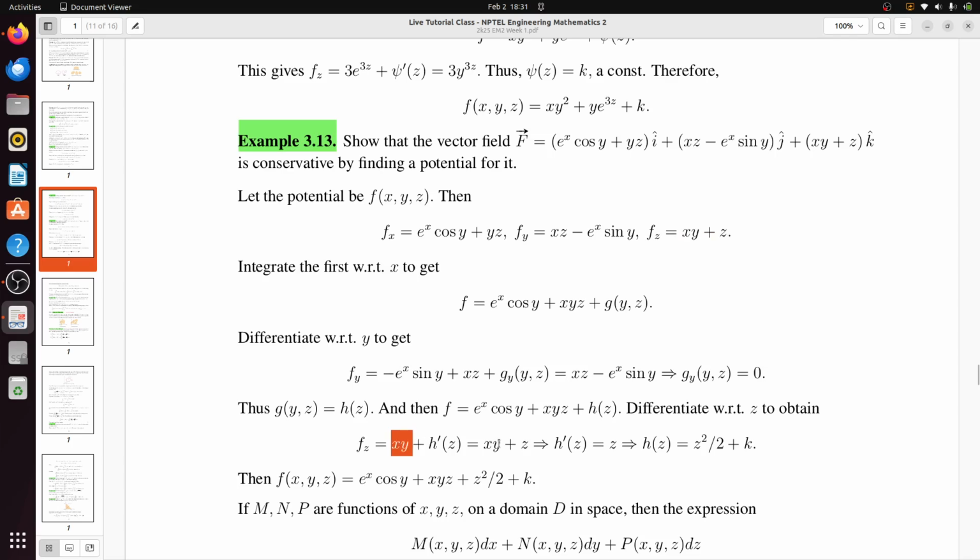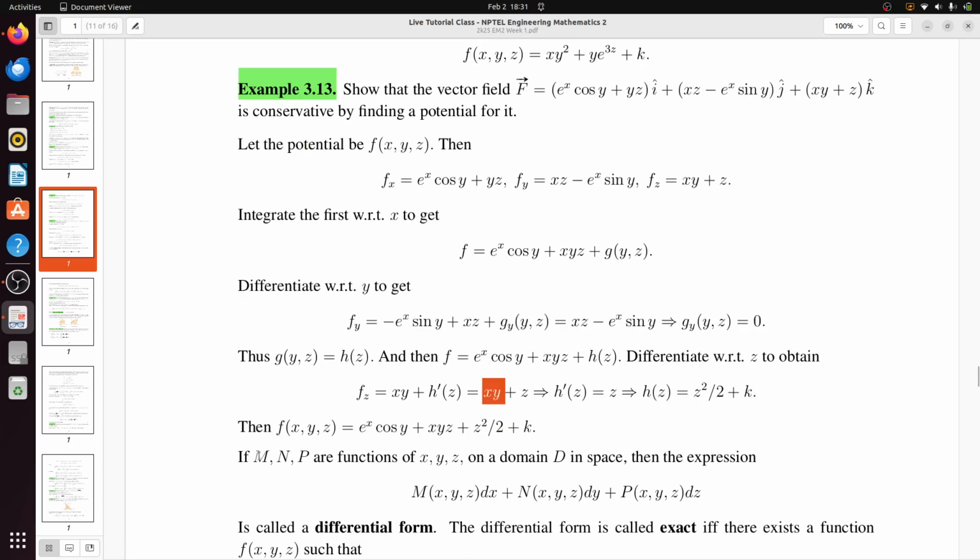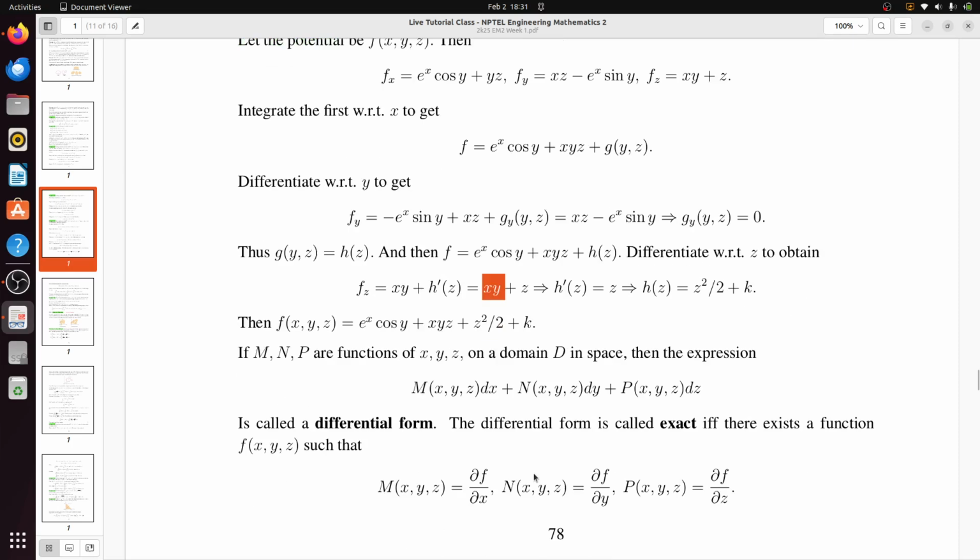Here xy cancels out, so your h'(z) is z. So your h(z) will be, on integration, z squared by 2 plus k. So this f(x,y,z) will be e^x cos y + xyz + z^2/2 + k.